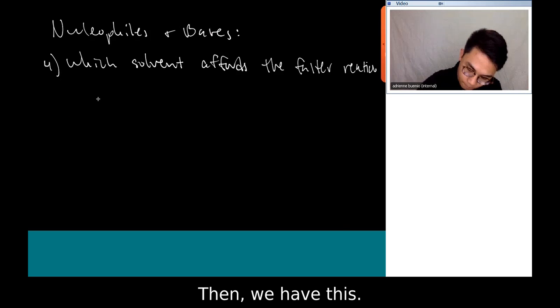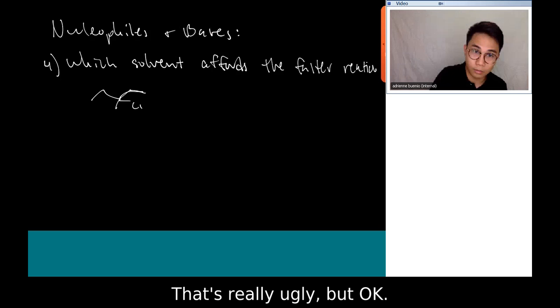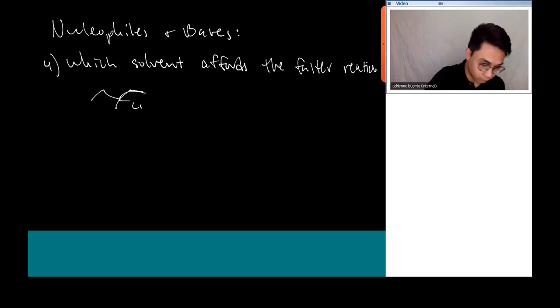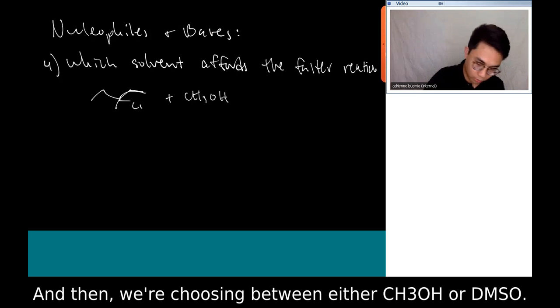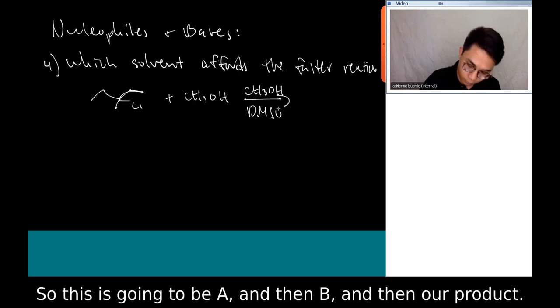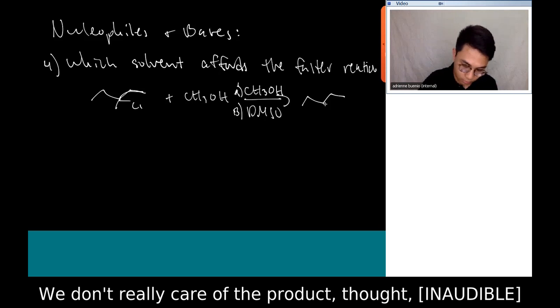So, and we have this. Ooh, that's really ugly, but okay. CH3OH, and then we're choosing between either CH3OH or DMSO. So this is going to be A, and then B, and then our product. We don't really care about the product, but I'll write it anyway.